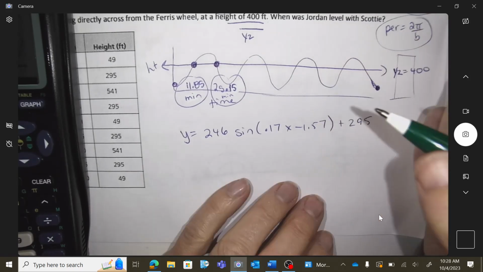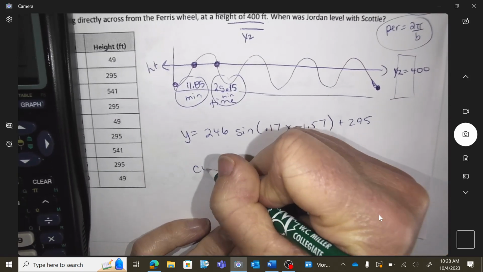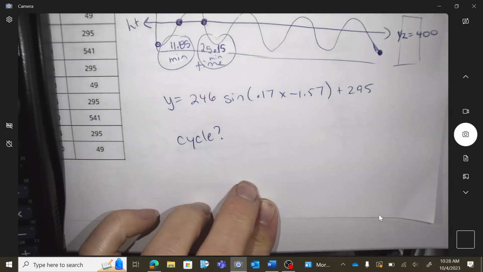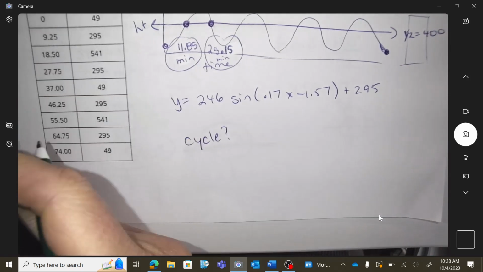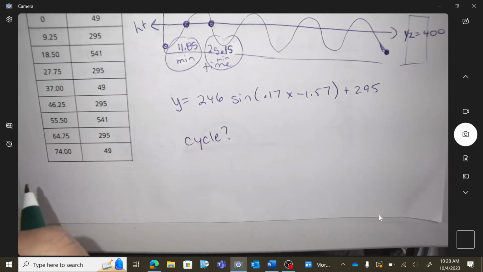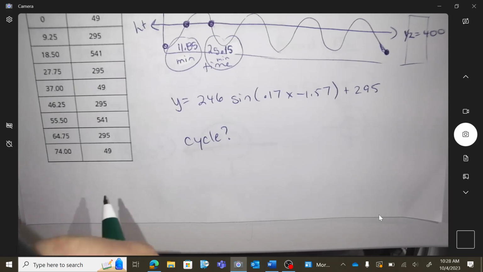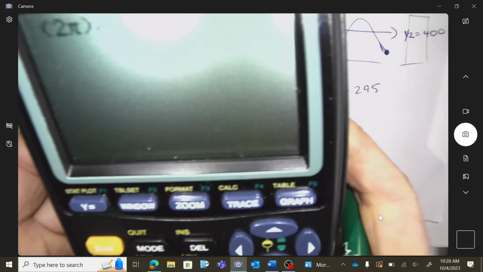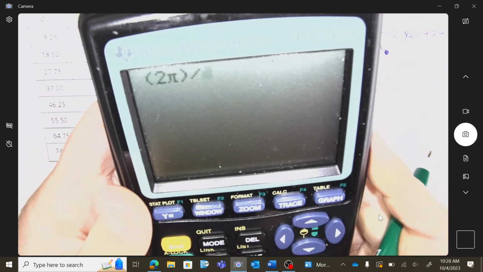Okay, ready? Here's what I'm going to do. How long does it take me to go through a cycle? Can you answer that question for me? I would say it's easier just to go 2 pi, divide by, and then insert the b.